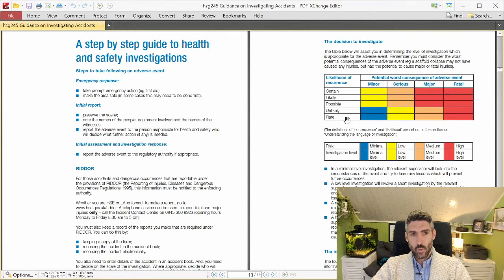But as I said, the question's not really about making the choice here. The answer and the points available are going to be around what information led me to think that it's a certain likelihood of reoccurrence, and what information from the scenario led me to think that it's potentially fatal if a similar incident were to happen again.